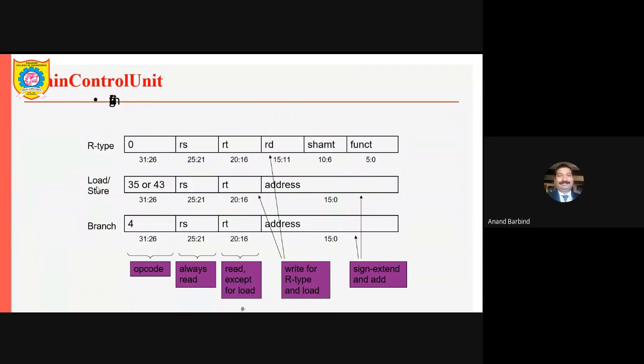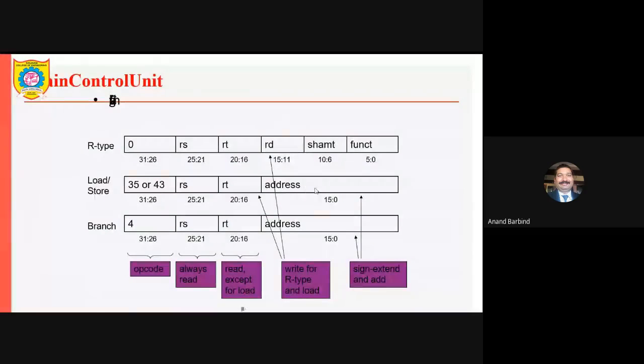Then in case of load or store instruction, only 2 registers are specified, that is RS and RT. Okay. Whereas in this case, the address is specified, which is called the offset.